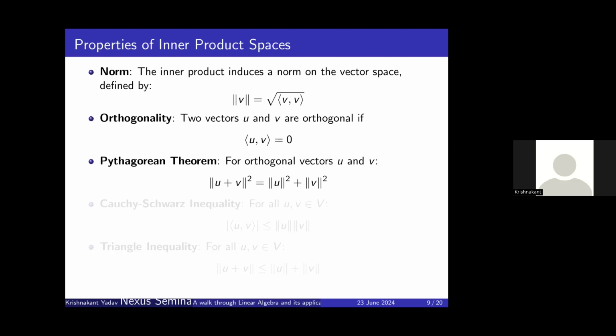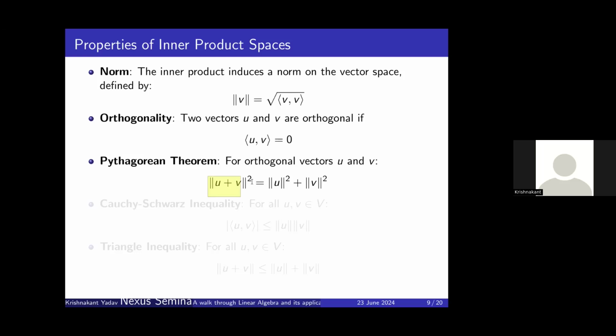Next is the Pythagorean theorem. The norm squared of the addition of two vectors is equal to the sum of the norm squares of both vectors separately.